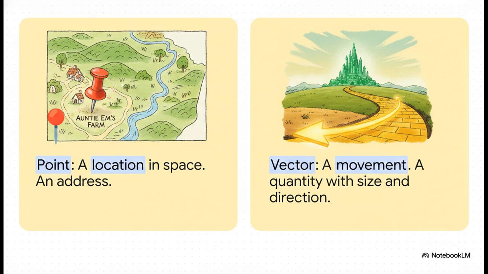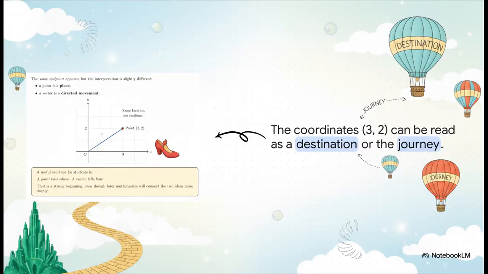It has a size, how far you go, and a direction, which way you go. It tells you how to get somewhere. Now check this out, because this image shows both ideas at once, which is really cool. We can look at 3, 2 and see it as the destination, the dot. That's the point. Or we can see it as the arrow, the journey from the starting line to that dot. That's the vector. Same numbers, same final spot, but two totally different ways of thinking about it.